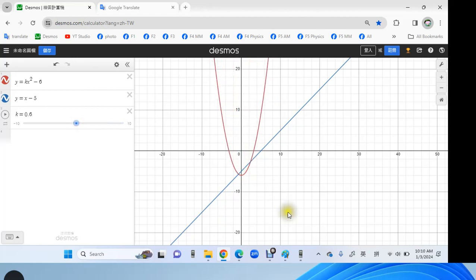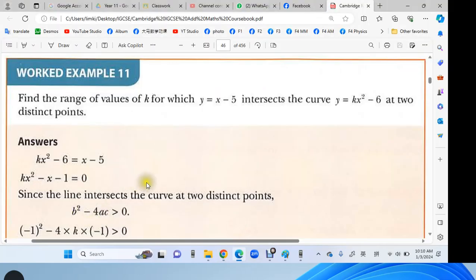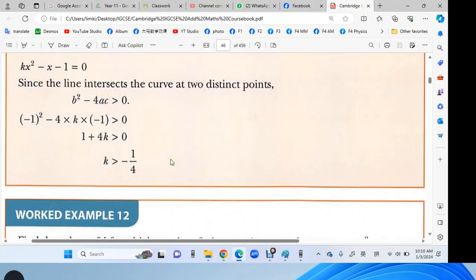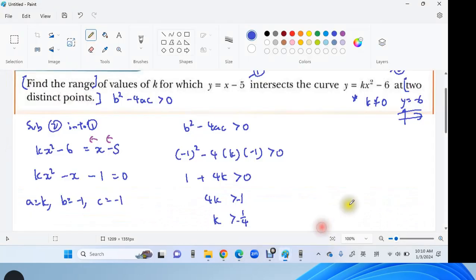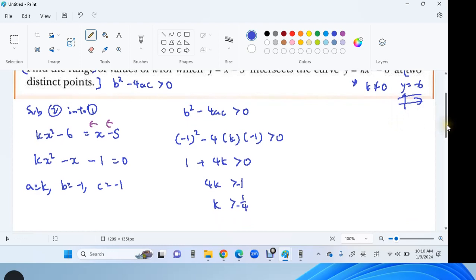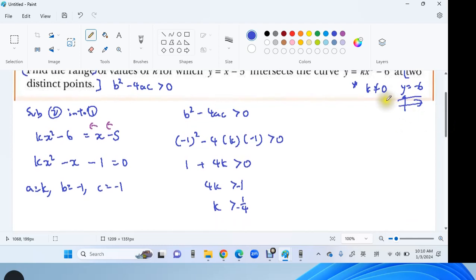But the answer provided in the textbook, k greater than negative 1 over 4, is not very correct, because from the graph that we see, k cannot be 0. When k is 0, then it becomes a straight line and they have one intersection only.